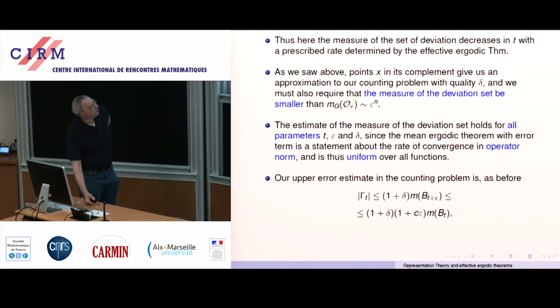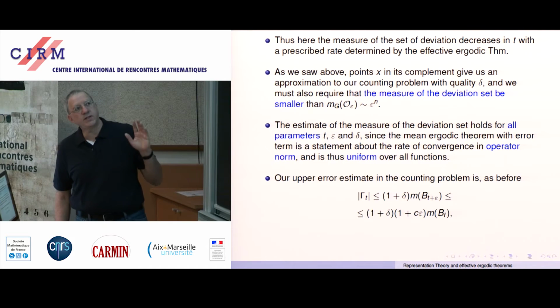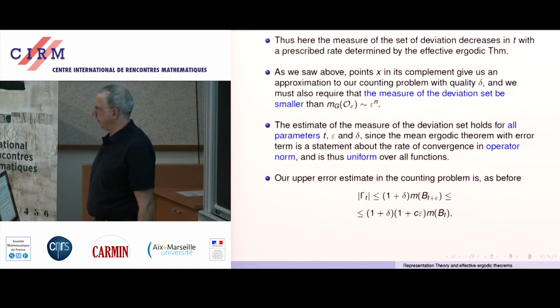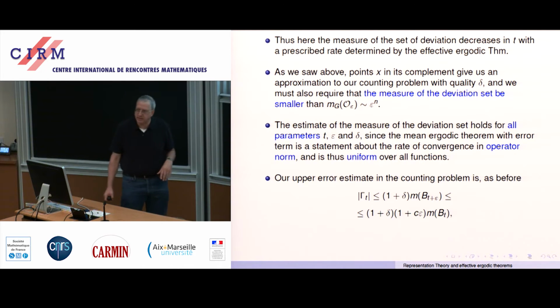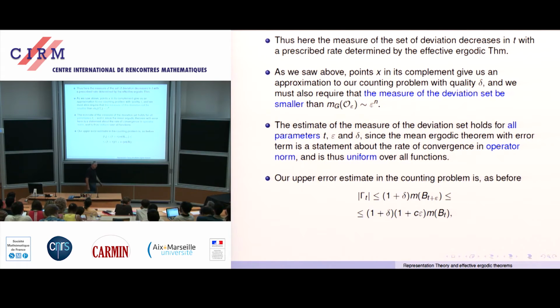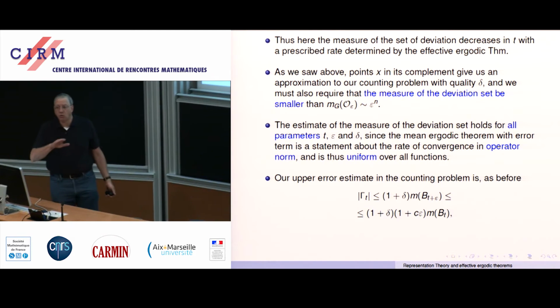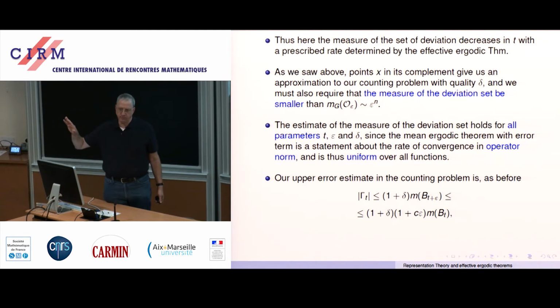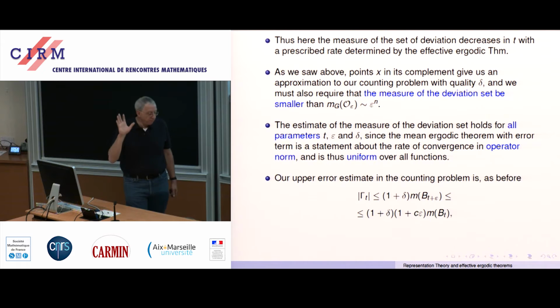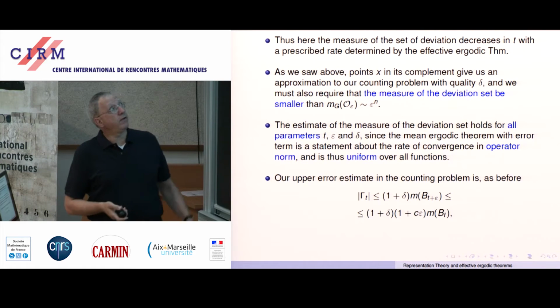Since the mean ergodic theorem with an error term is a statement about the rate of convergence in operator norm, and therefore it's uniform over all functions, it's not going to come as a surprise that a uniform norm estimate, namely an operator norm estimate, is a very powerful tool, and that's one case where one uses it. It applies equally well to all bump functions phi epsilon. It's a statement about all functions in the Hilbert space and all parameters t.